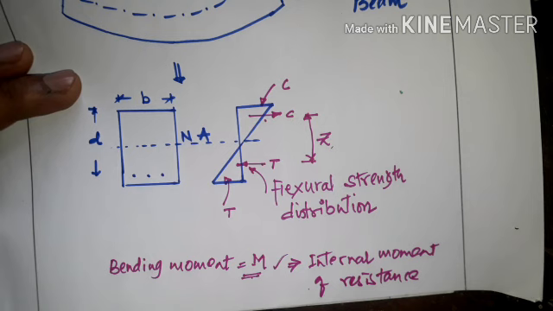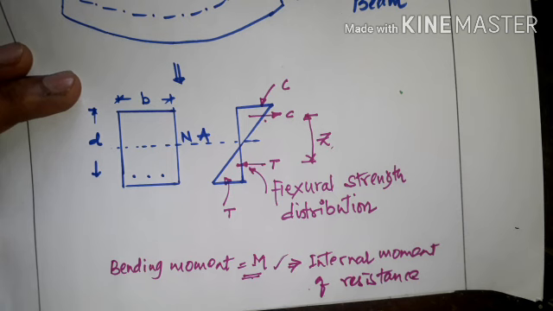When the beam bends, what will happen? The fibers above neutral axis are subjected to compression and the fibers below neutral axis are subjected to tension, and the compression will be offered by concrete, the tension will be offered by steel, and these two forces C and T act over each other about lever arm Z, and they will develop the internal movement that is also called the moment of resistance.